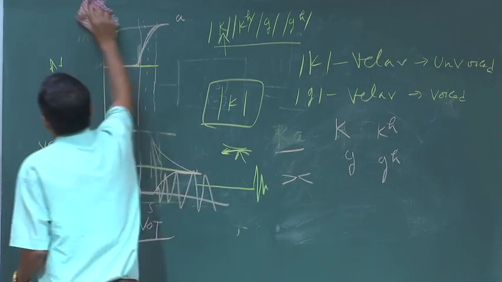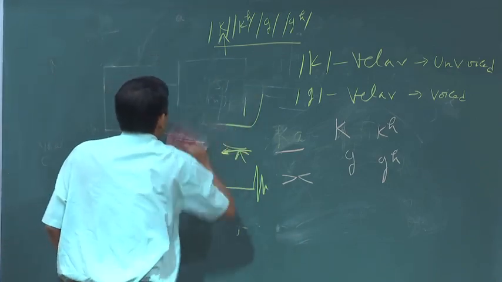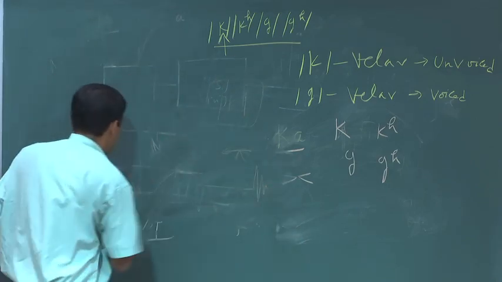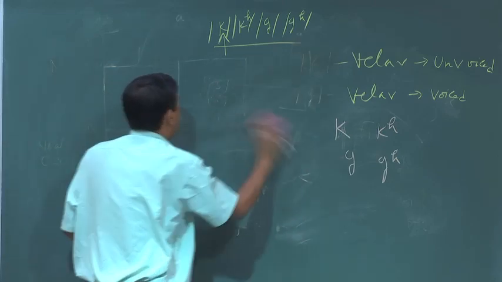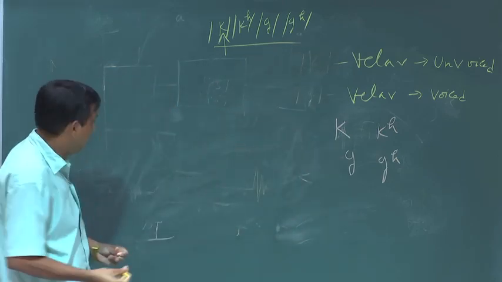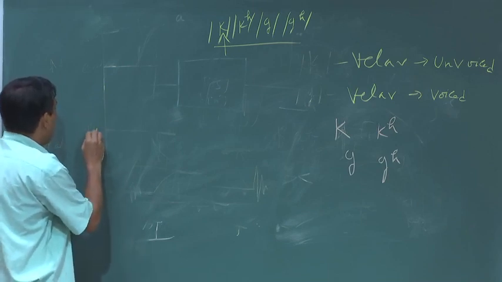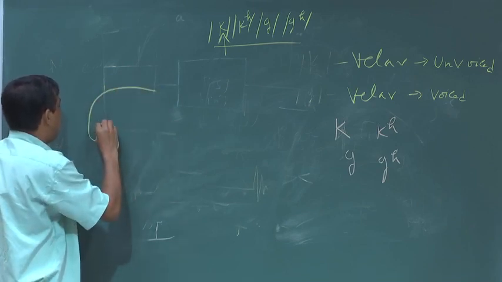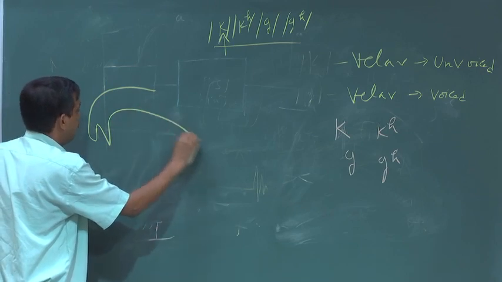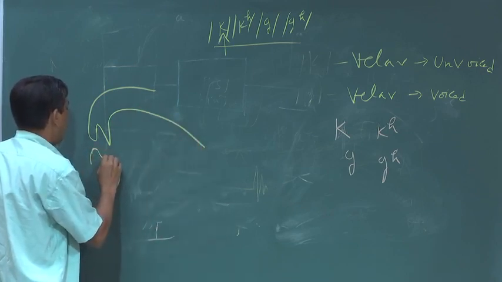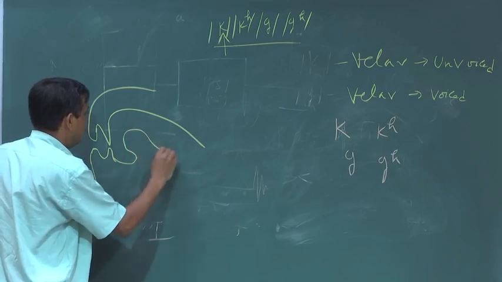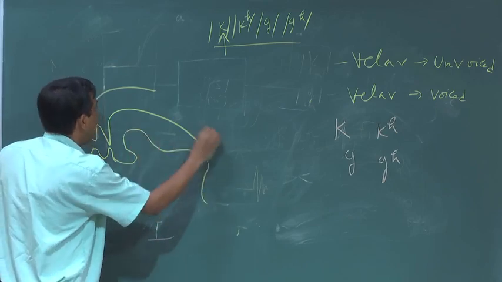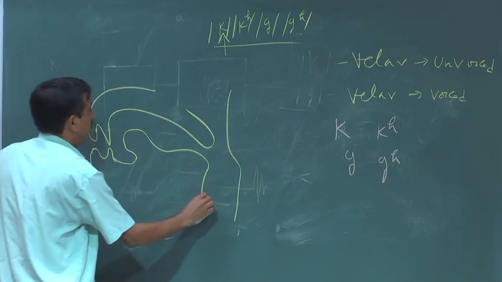So, if I start from this, mainly in Indian languages, if I give the example, this is my upper cavity and this is my lower cavity, and this is the velum. Okay.